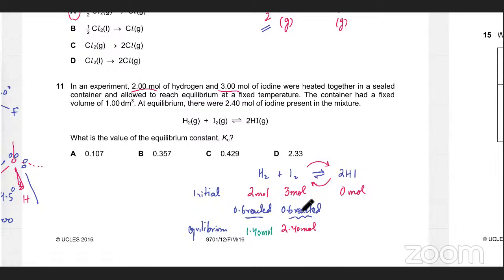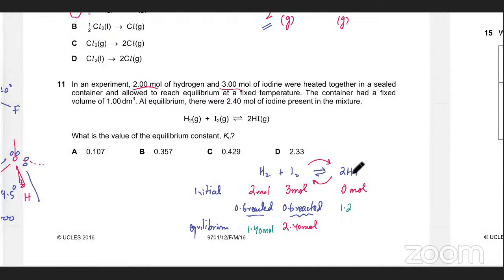And if 1 I2 reacts, 2 HI are produced on the other side. So if 0.6 of I2 and 0.6 of H2 are reacting, that means double the amount, which is 1.2, is getting produced. Initially you didn't have any HI, now 1.2 moles have been produced.